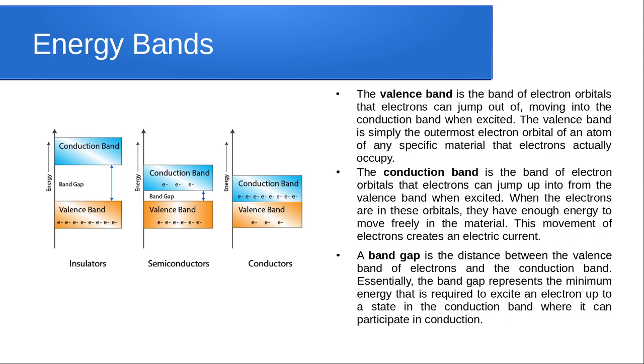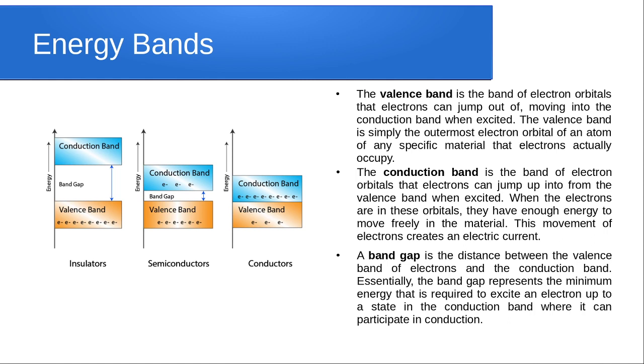Apart from these two bands, there is a third part in the energy band, which is the band gap. It is the actual distance between the valence band and the conduction band. As you can see in the figure, in the case of insulators, this gap is very big when compared to that of semiconductors and conductors.